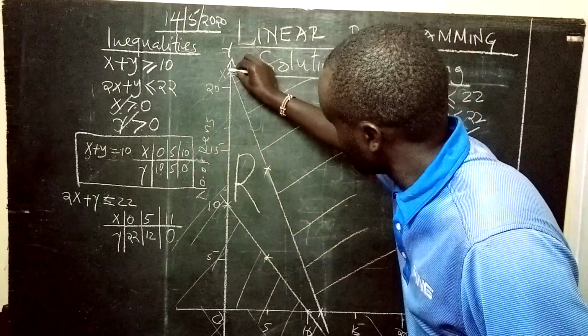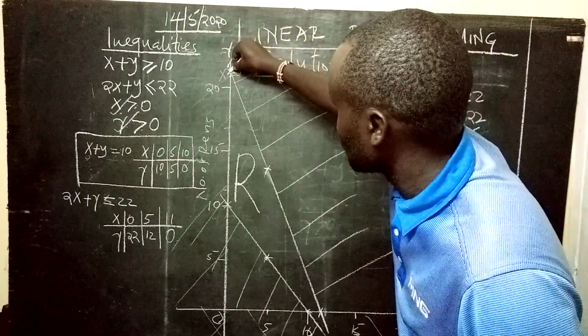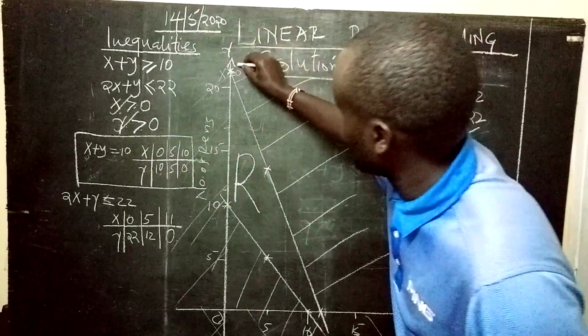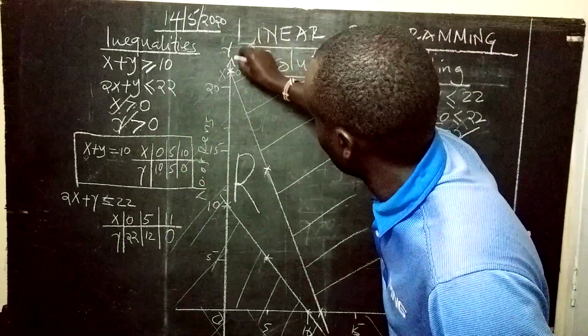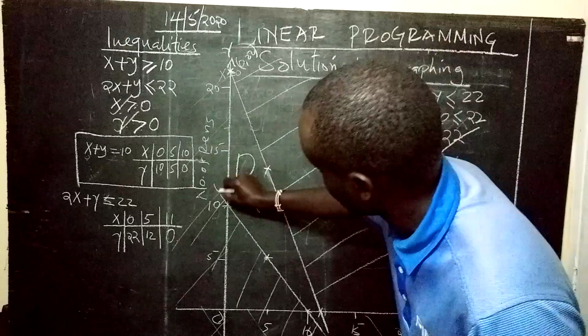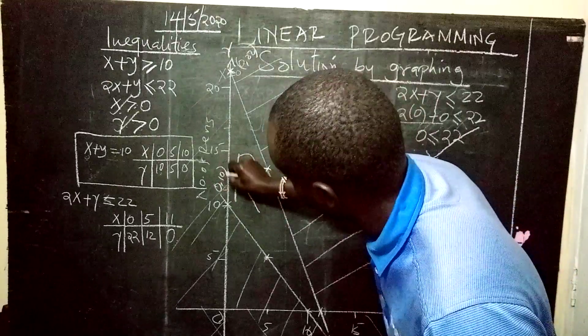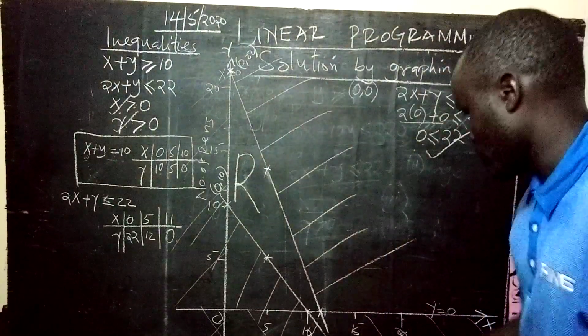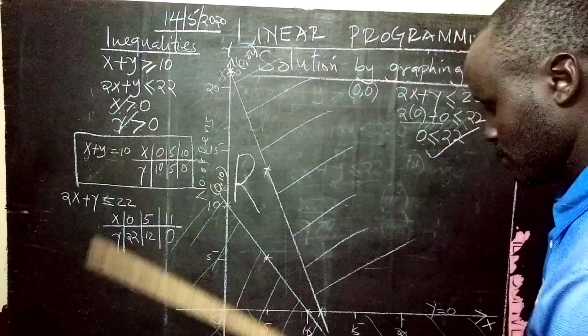From these points, where we have 0, 22, at this point is 0, 22, at this point is 0, 10, at this point where they are going to meet.